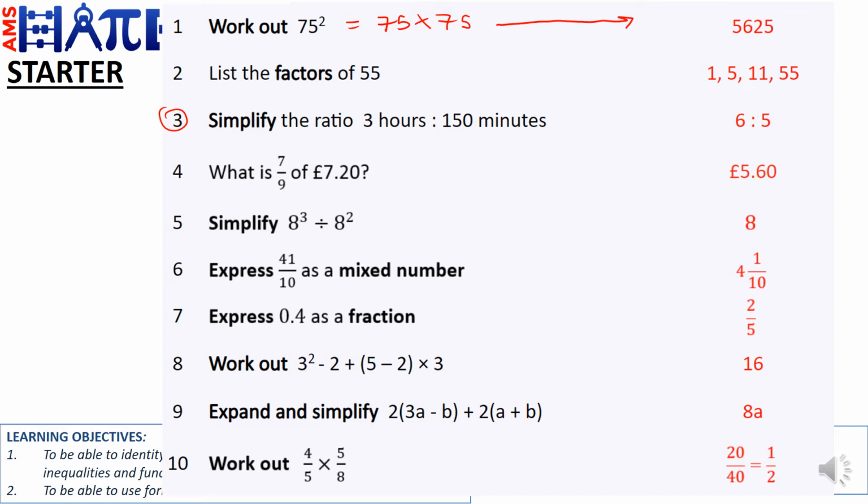We're asked to simplify the ratio 3 hours to 150 minutes. Now, because they're different units, one is in hours, one is in minutes, you're going to make the units the same. So I'm going to write it here, 3 hours to 150 minutes. You would change hours to minutes, and so 3 hours would be the same as 180 minutes.